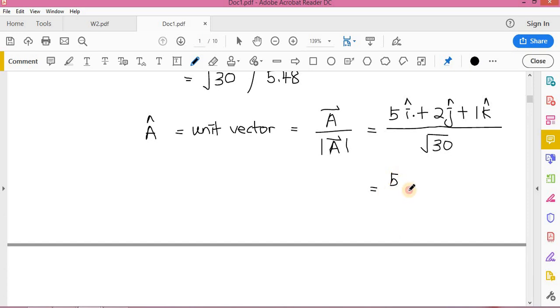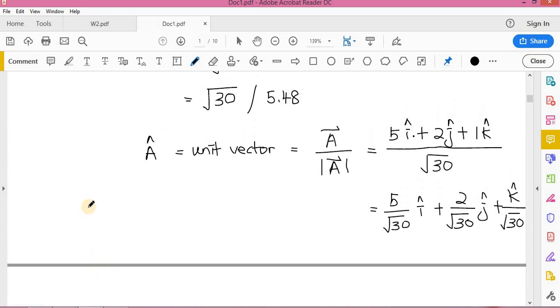So it will be 5 over square root 30 i, 2 over square root 30 j, and 1k over square root 30, since 1k and k are the same. So this is how you determine the unit vector A. And the symbol is like this. You have to remember the symbol.